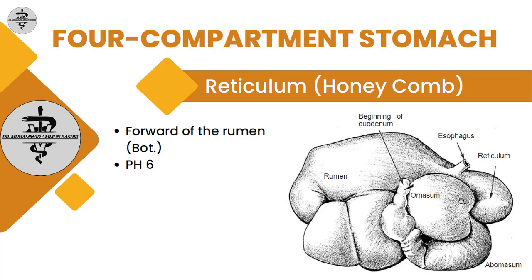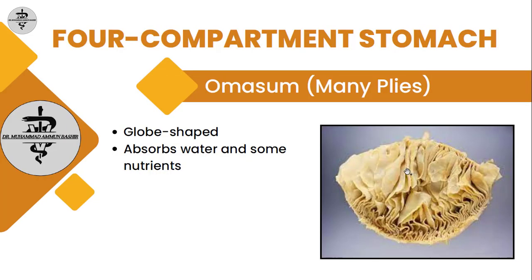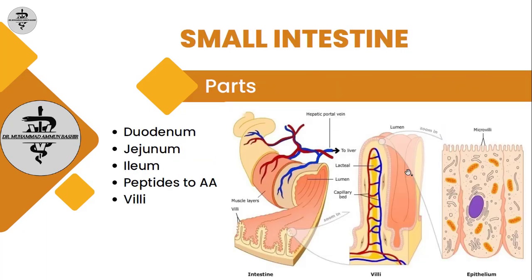But in a displaced or twisted abomasum, the position changes: the abomasum either goes upward, or goes to the left side of the cow, below the rumen. This is called displaced or twisted abomasum. It commonly occurs in the last trimester or after calving, or when there is not a proper ratio of concentrate to forage, or when not enough forage is provided to the cow in the last trimester.